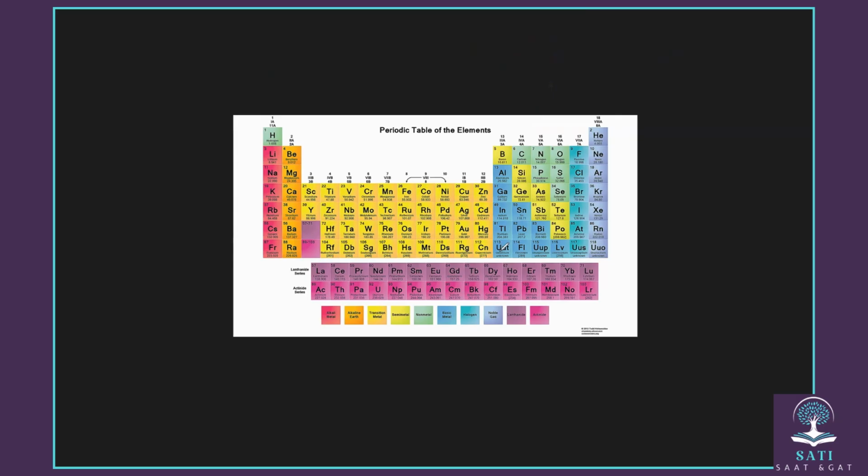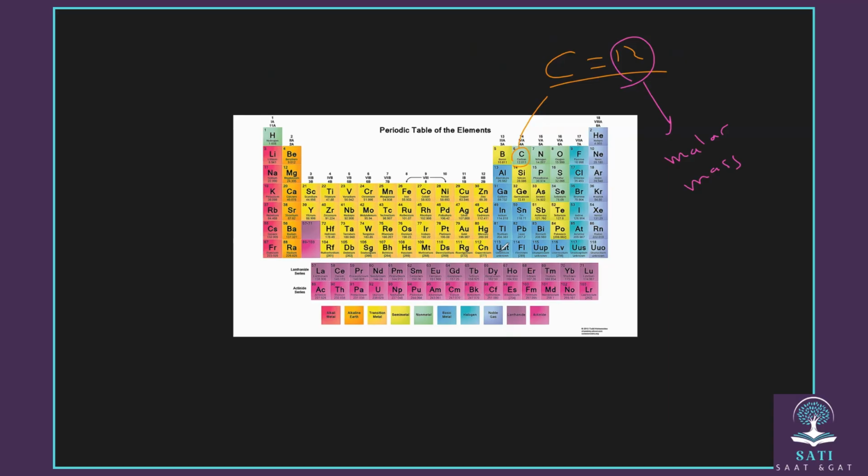If I tell you carbon is 12, how do I deal with this mass of 12? This is very important. Deal with this one as molar mass. What does molar mass mean?